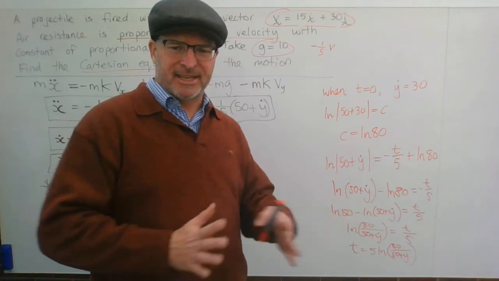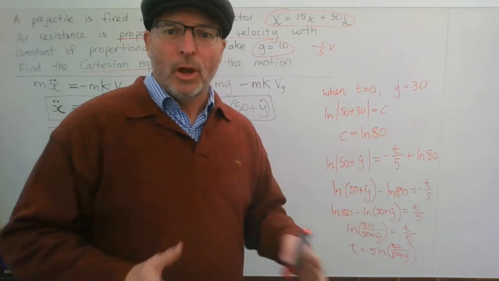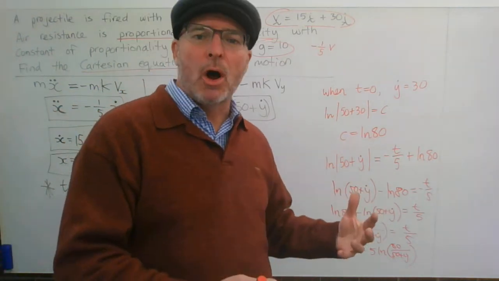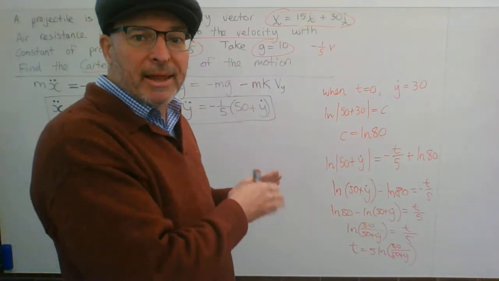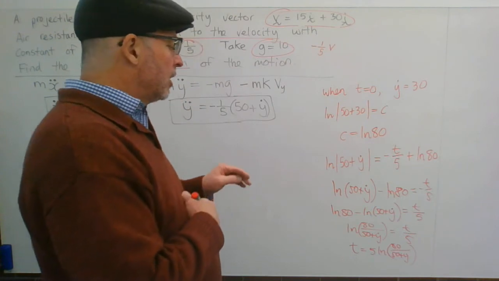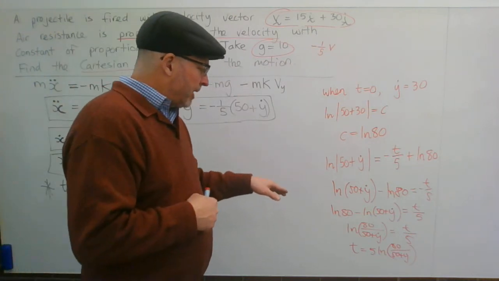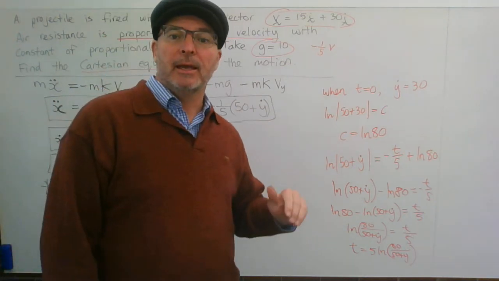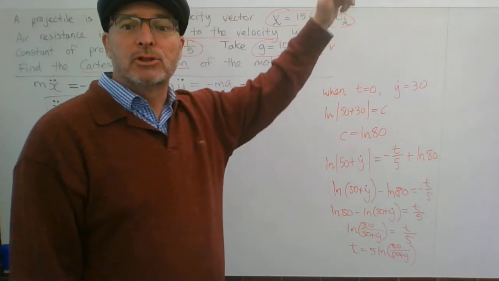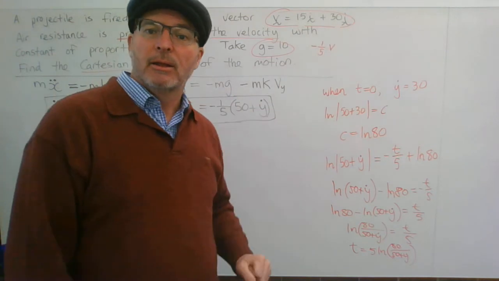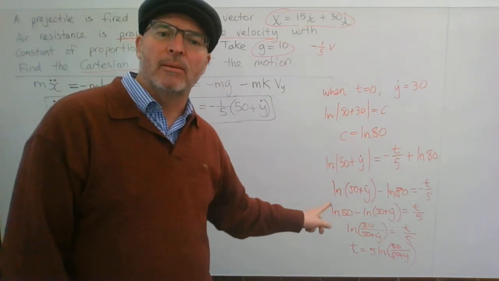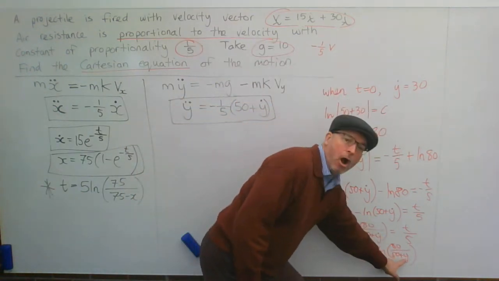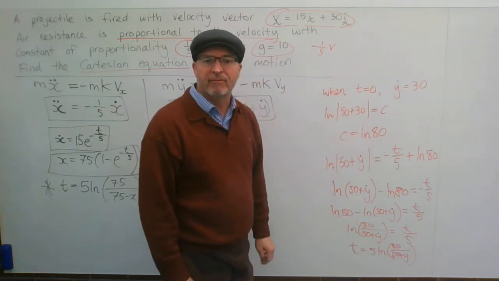So let's see if it gives us a value that lets us not worry about those absolute value signs. When the projectile comes to rest at the top of its flight, the vertical velocity is 0. So I can find what time that is by putting a 0 in there for y dot.